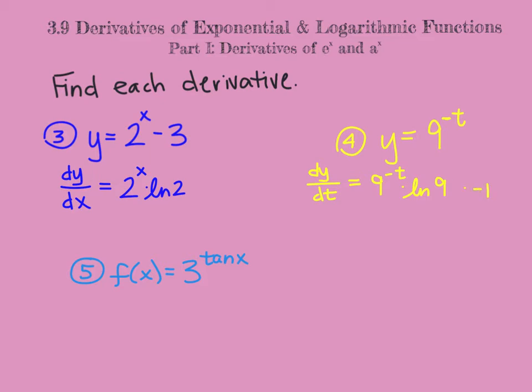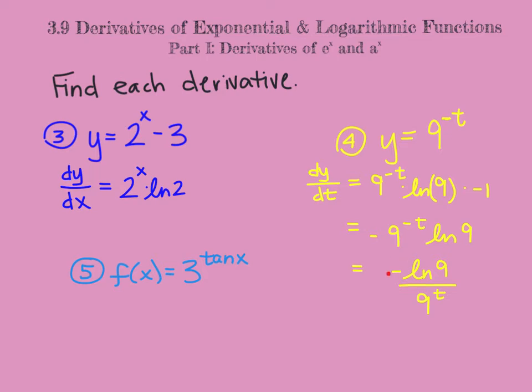Now this might be a case where I would probably put parentheses around the 9 just to clearly show that we're only taking the natural log of 9. When we clean up, that negative 1 can go out front, so we can write it as negative 9 to the negative t ln of 9. Then if you want to clean this up even more, because we have a negative t, we can write this as negative ln of 9 over 9 to the t.